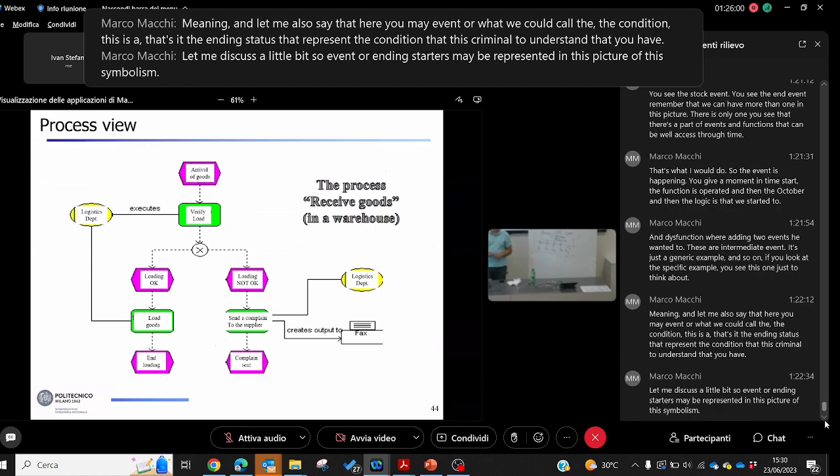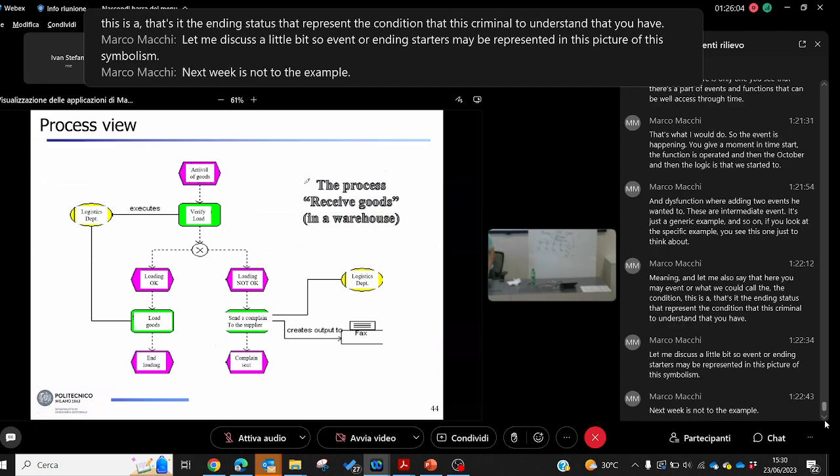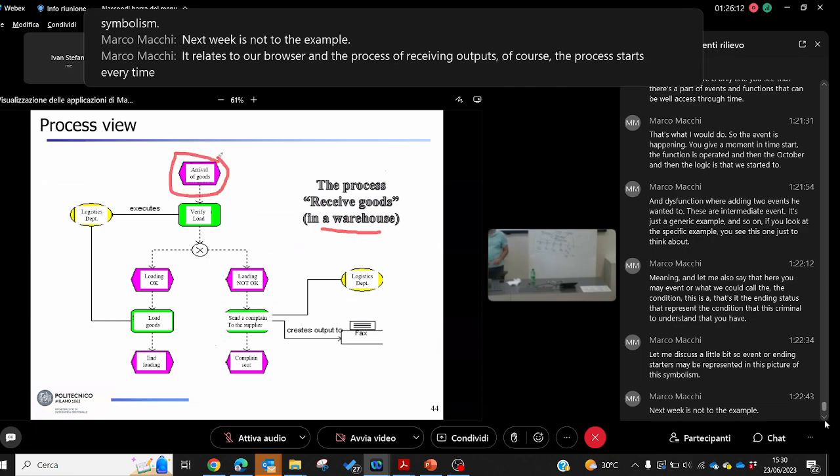Let's read this through the example. It relates to a warehouse and the process of receival of goods. Of course, the process starts every time a truck arrives, there is an arrival of goods. This is clearly an event. We have a truck entering our warehouse.